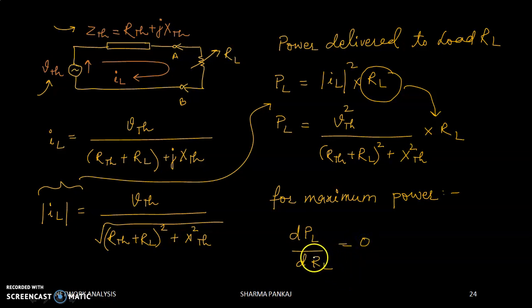Now you may ask one important question here: why this dPL by dRL?